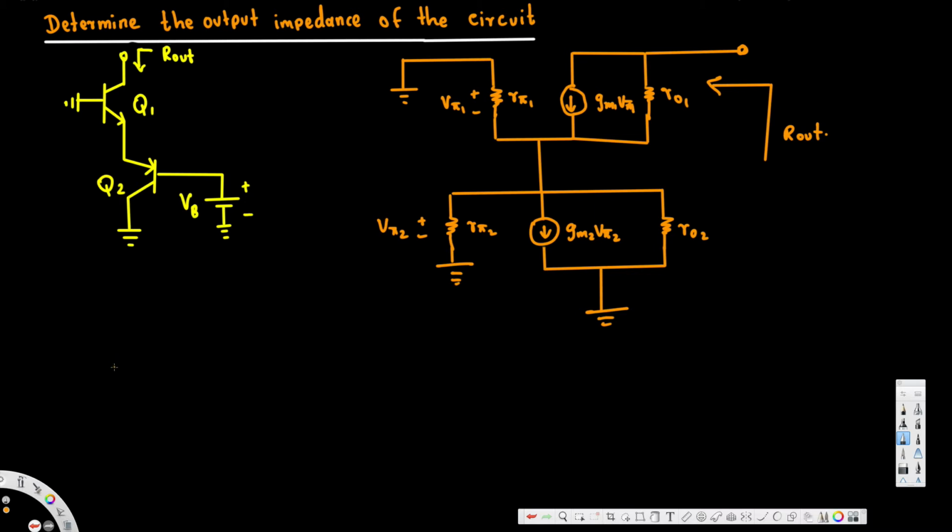Now let's go ahead and separate the top part and the bottom part. Let's take the bottom part first. This one is the part I'm talking about. Instead of Q2, I'm just going to take the Q2 alone and draw it right here. I just put it upside down, so it's going to look like this.